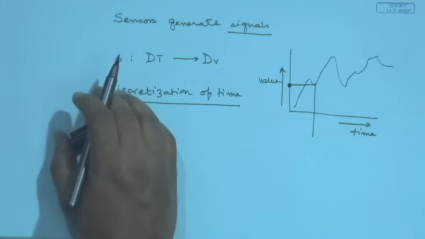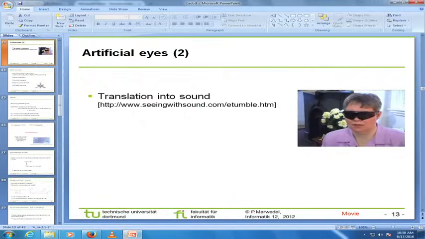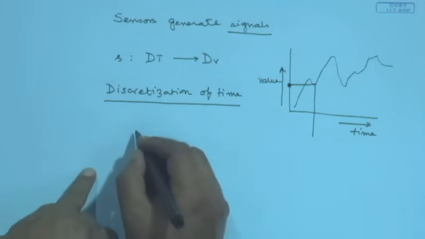For that, let me just come back to where I was. Okay. Now, when I discretize, I need to do something like sample and hold.